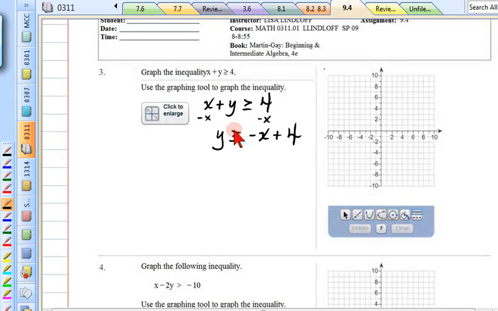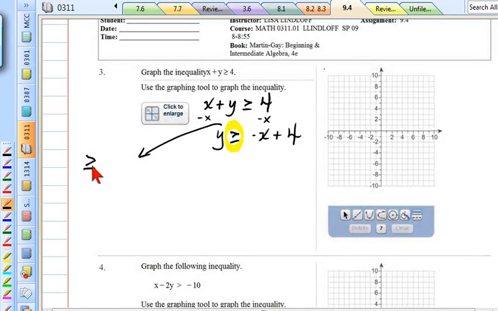Right now, I want you to take a look at the inequality symbol. And I'm going to draw a conclusion. The symbol says greater than or equal to.